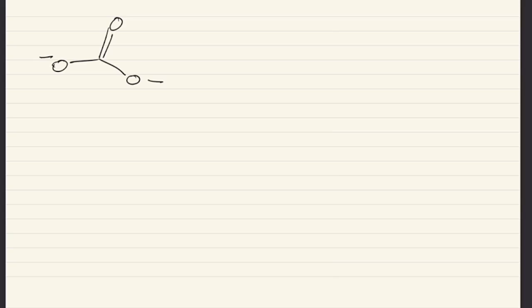Okay, that would be carbonate as a condensed structure, but the resonance form of carbonate could also be drawn like this, right? Because that delocalization of that electron exists at all points, okay?